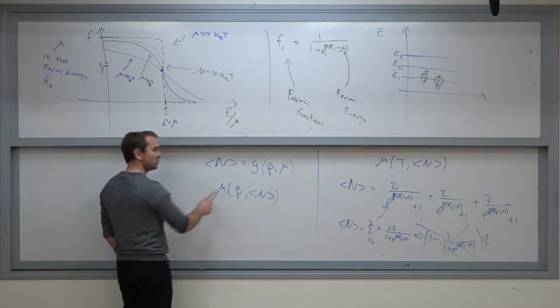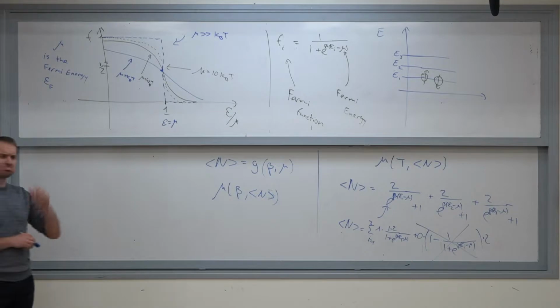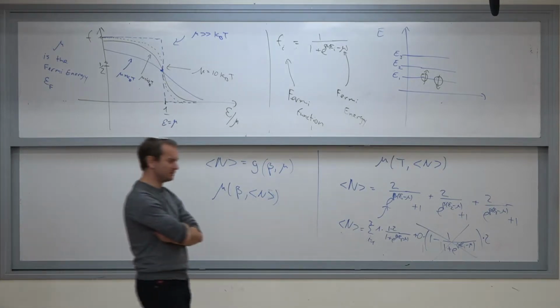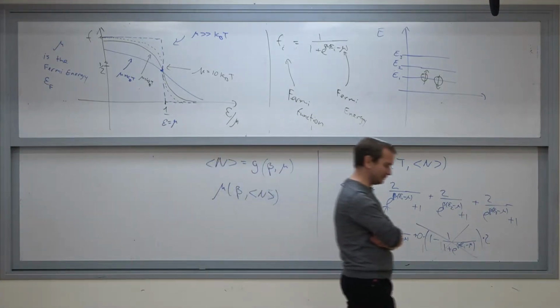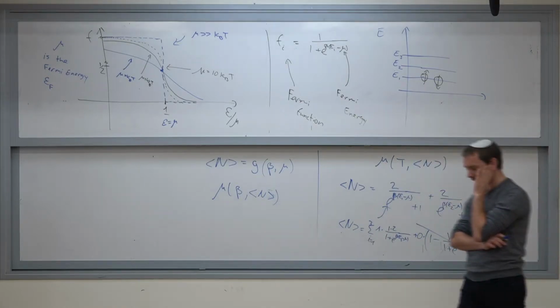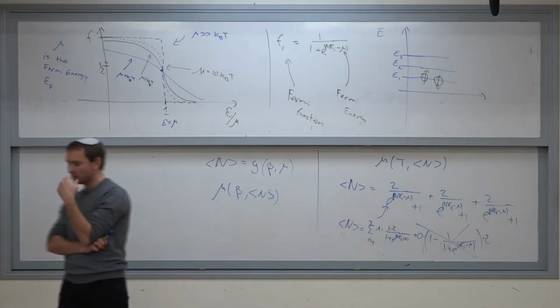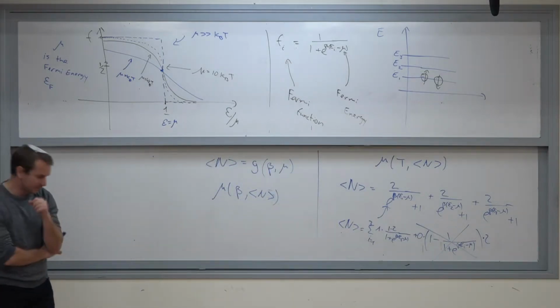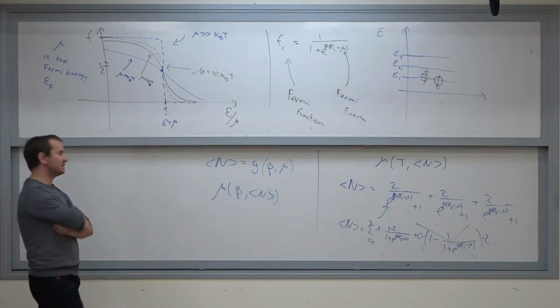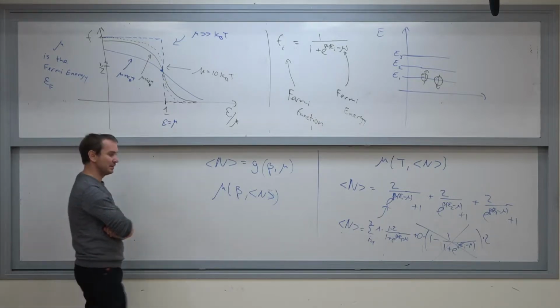Why is it much more convenient to do this? From the experimental perspective. Here I have a system of 3 levels, so it's a little bit of a hypothetical system. But if I'm looking at a fermionic system, like for example electrons in a metal, I don't really know how to control the chemical potential.